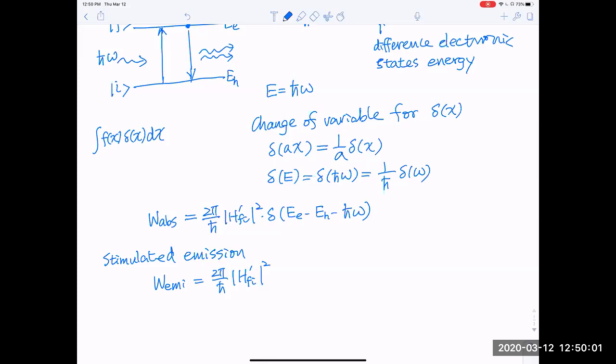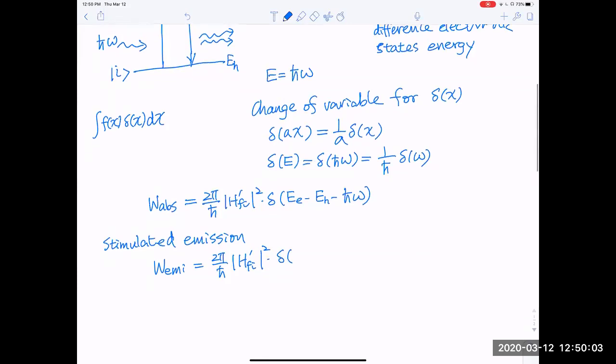And the delta function is actually the same energy conservation, E_e minus E_h minus h bar omega. In other words, they are really the same strength. The strength of absorption is equal to the transition rate of emission.